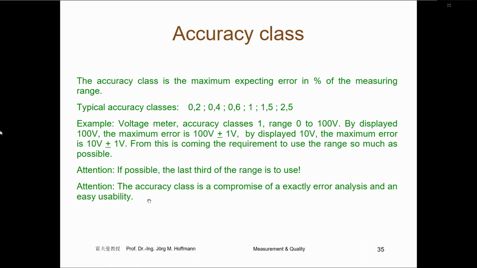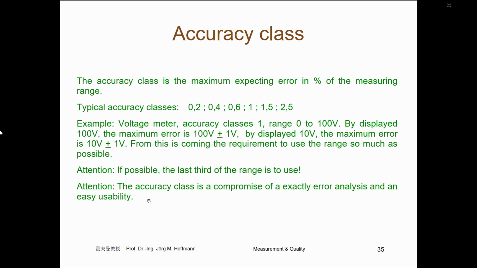So, I think we are nearly at the end, and I make now also a break. What we have learned now was the description of the random errors. You have seen we have systematic errors and random errors.